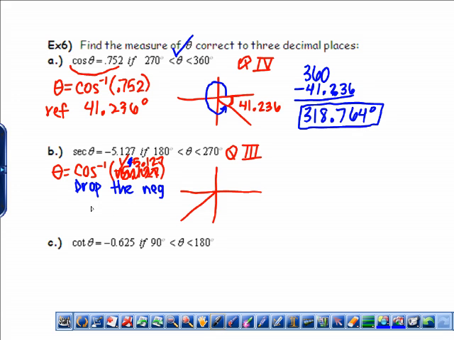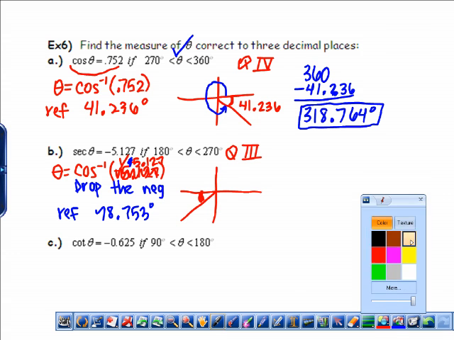Alright, so that reference angle in this problem is 78.753 degrees. Okay, so that's my angle right here. What I want is the angle in standard position.